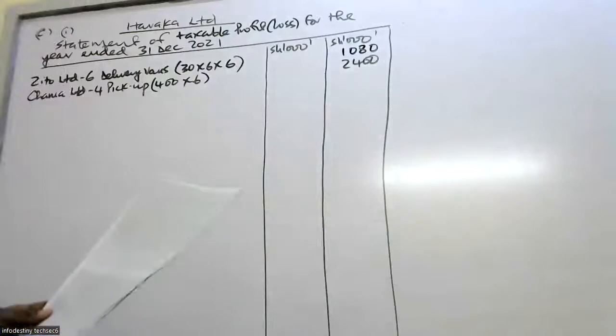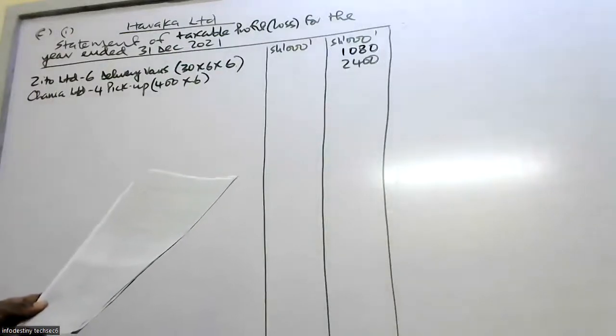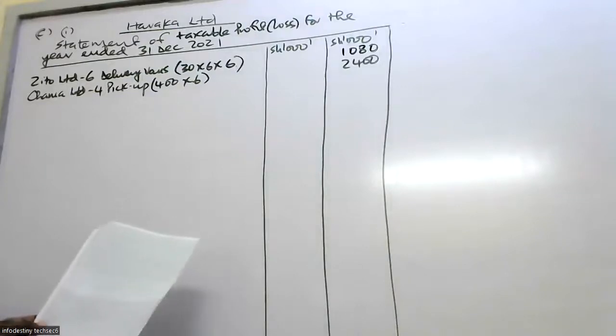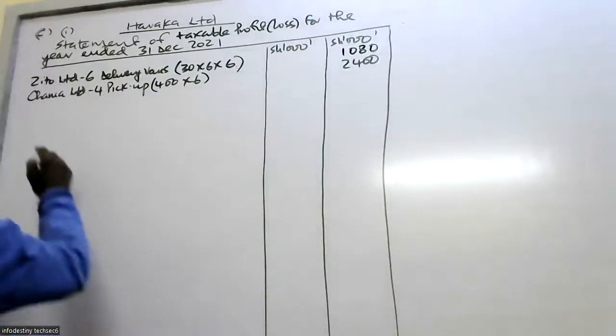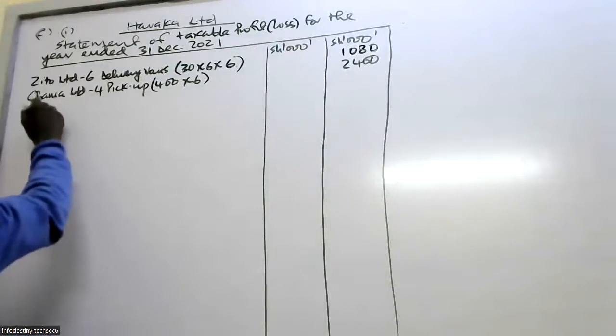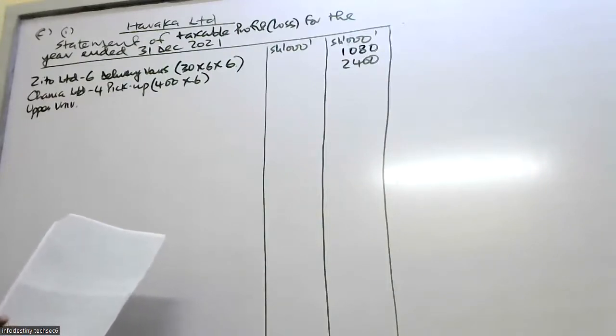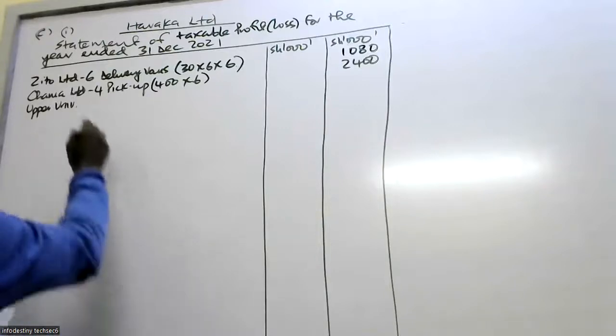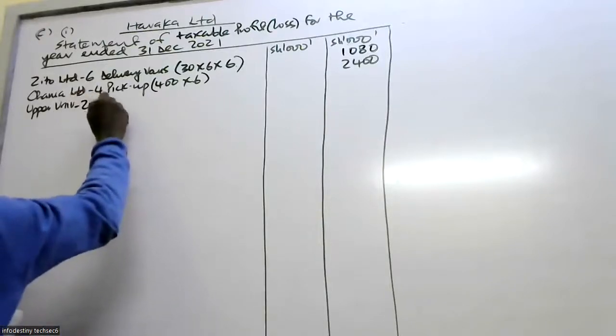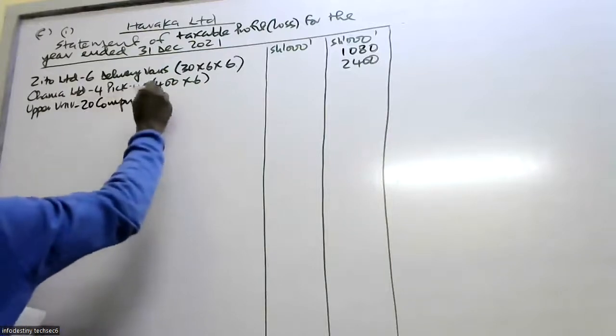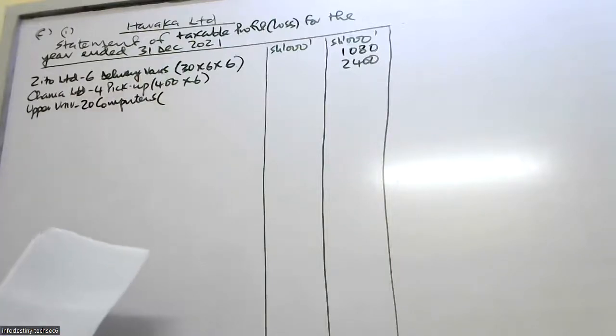Then 20 computers to Upper University at a monthly lease of 4,000 each for the whole year. So we have Upper University, we lease out 20 computers to Upper University at a monthly lease of 4,000 each.